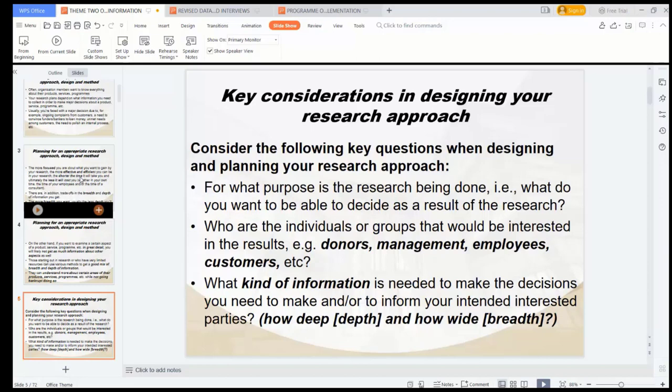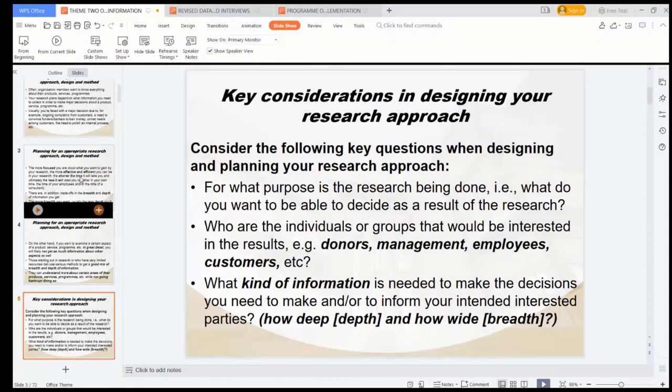Who are the individuals or groups that will be interested in the results of the research? Because donors, management, employees or employers or customers, all of them have got different needs. Donors would need a specific output because they know that they're investing money. If they invest money, everybody wants value for money.